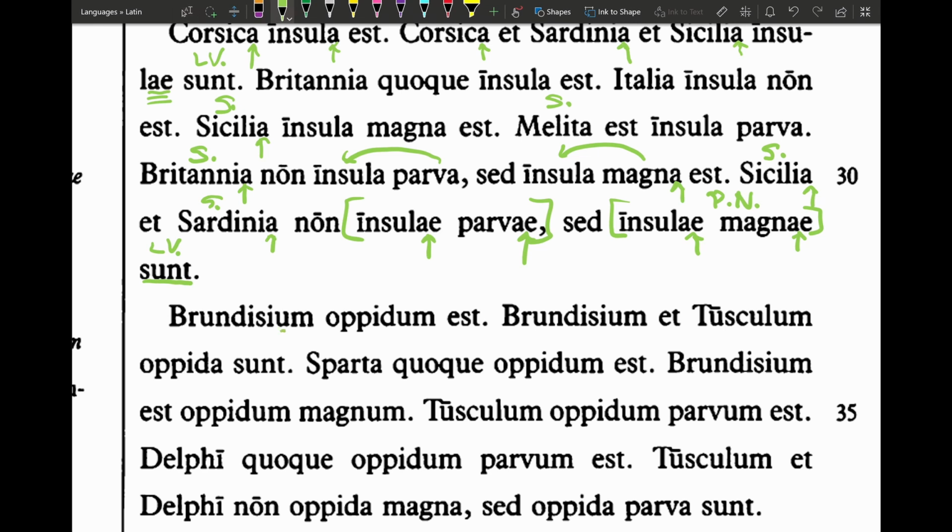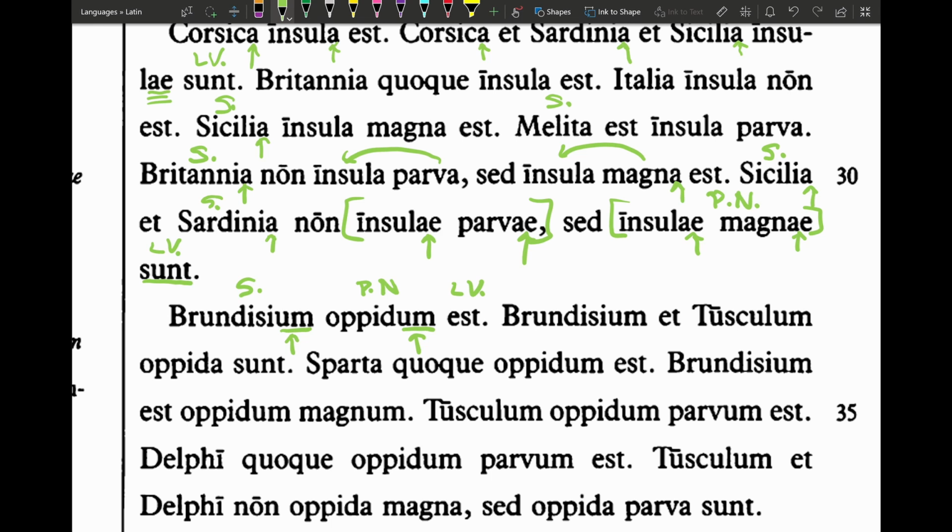Notice here, this is our nominative subject and it's neuter. Look at the ending, it's um. Remember the preliminary lecture, the nominative singular for a second declension neuter noun ends with um. Notice here the predicate nominative ends with um. This noun is also a neuter noun. And look at our linking verb. So it says Brundisium is a city, or you could say a town.